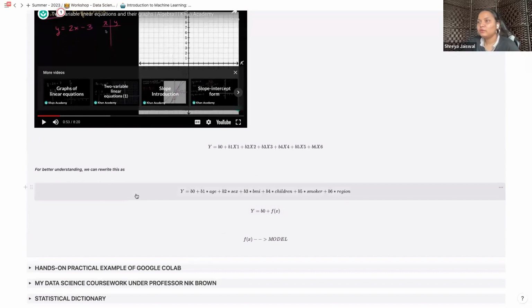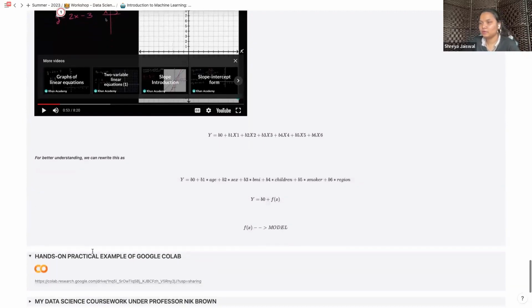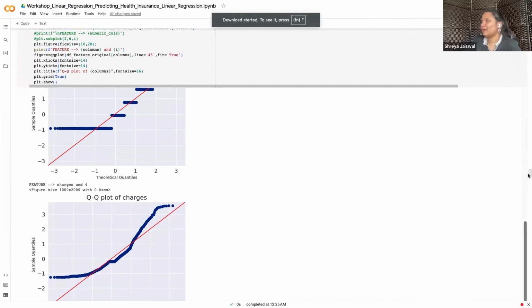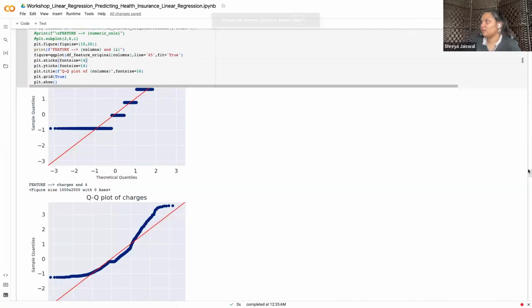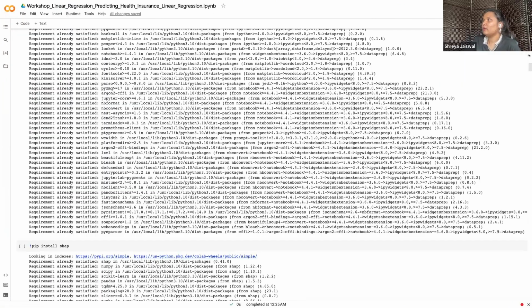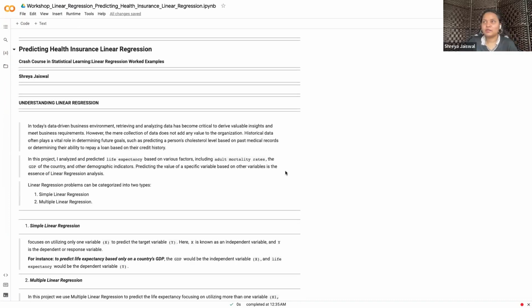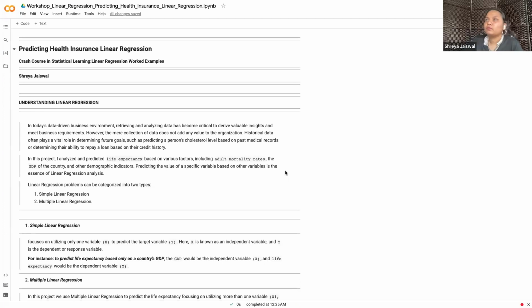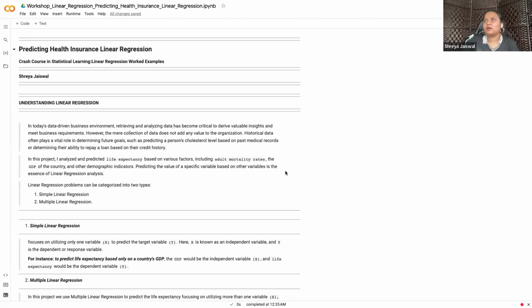Okay, so I'll be moving forward with explaining the same thing using my Google Colab notebook. So this is more of a practical based learning. I think it'll be more helpful in visualizing and helping understand what it is. So this is my Google Colab notebook.